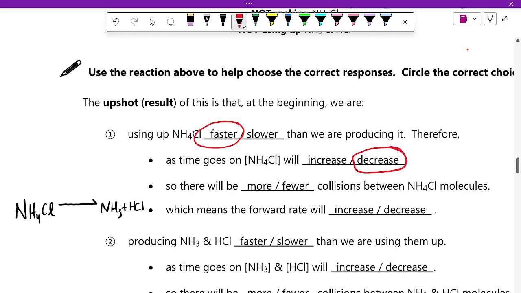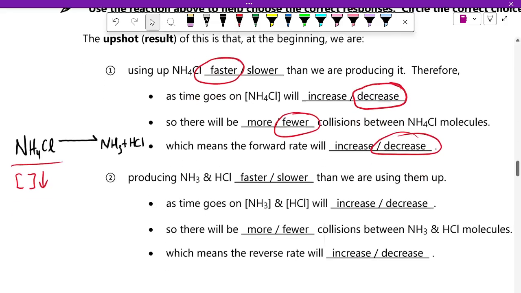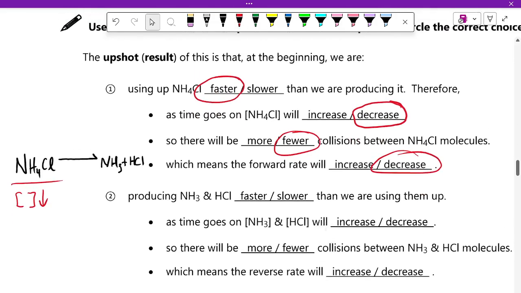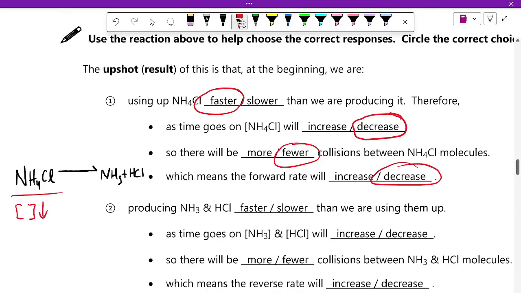And if NH4Cl concentration decreases, what is going to happen to the number of collisions between NH4Cl molecules? There's going to be fewer collisions. And if there are fewer collisions between reactant particles, what's happening to our forward rate? It is decreasing.